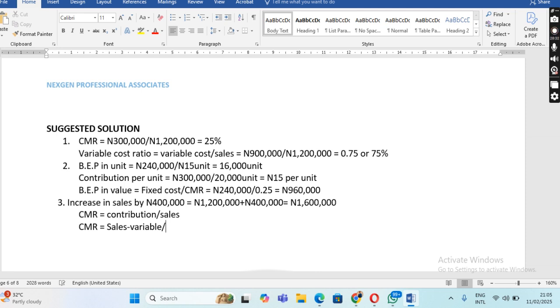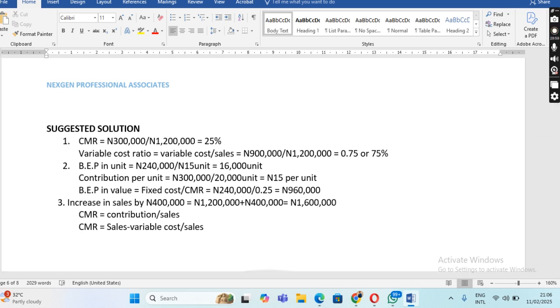You've already increased your sales, so what will be the increment in variable cost as a result of this increase in sales?